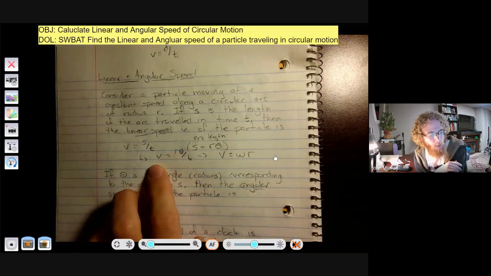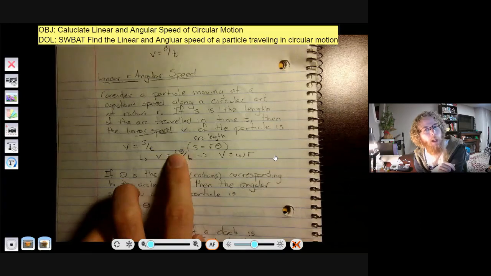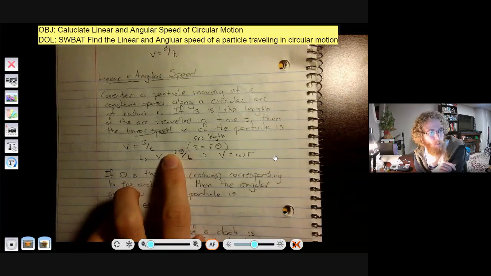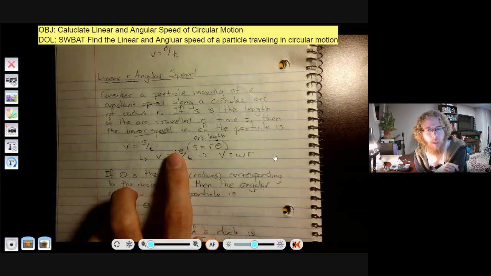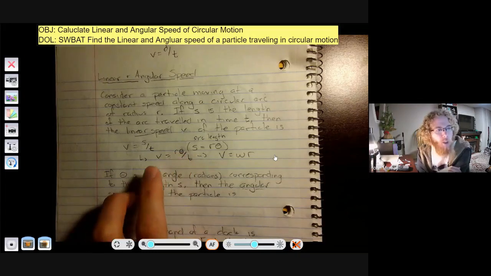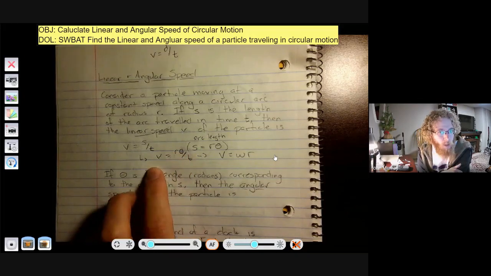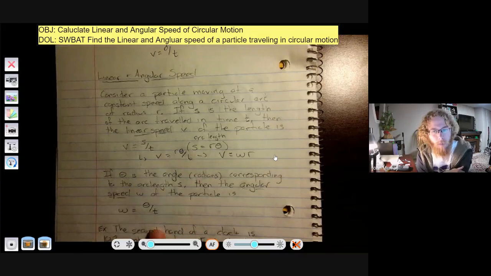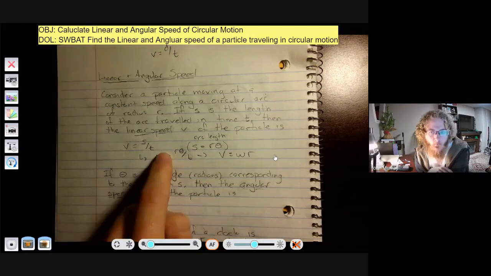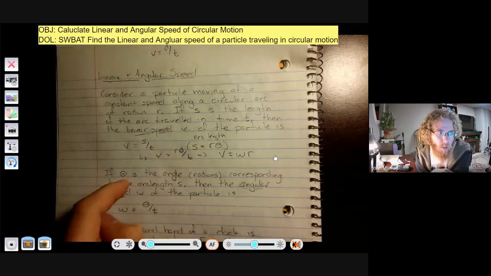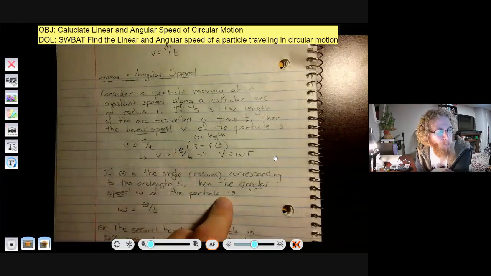So the linear speed of circular motion depends on how big our radius is. They are proportional, right? So if my radius increases, my linear velocity increases. I could be traveling the same distance in a circle, but if one radius is bigger than the other radius, it's going to be traveling faster.